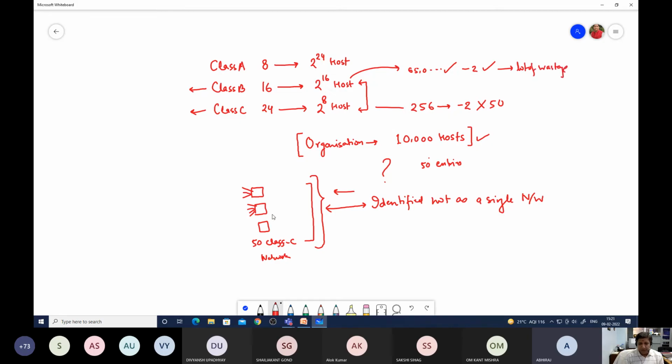But if you take 50 class C networks, the wastage would not be there. But another issue is that your organization is reachable through a series of routers. They have to maintain 50 entries for your organization, which again is not a scalable idea.